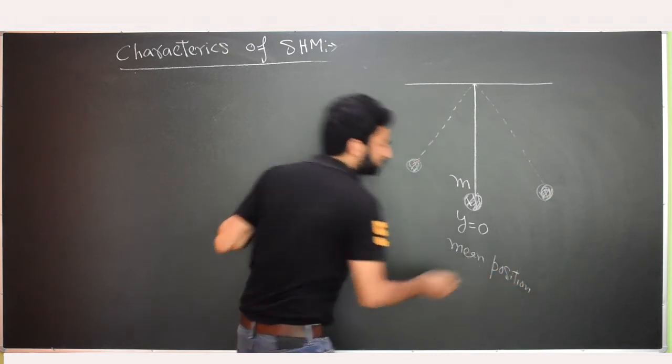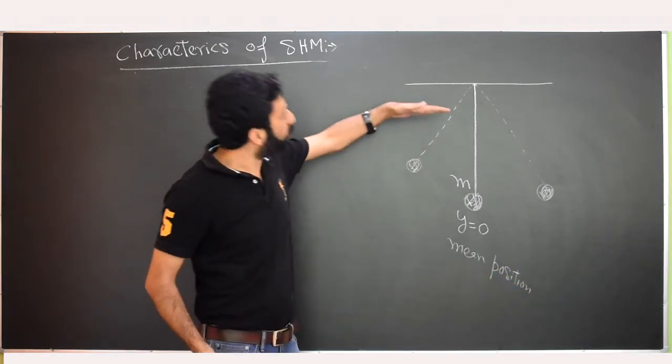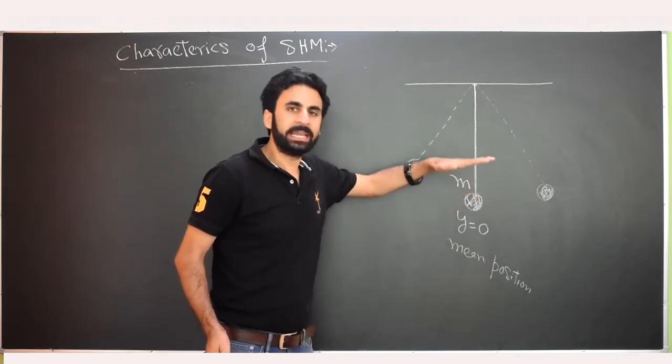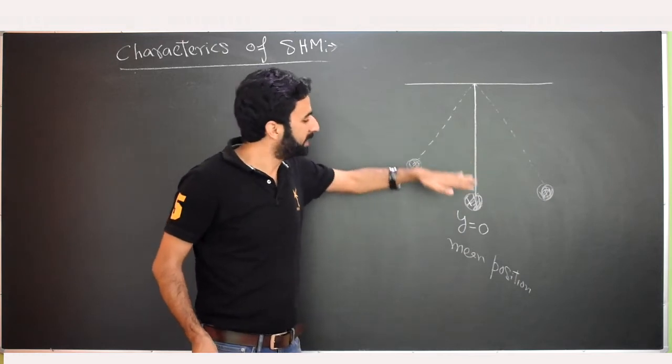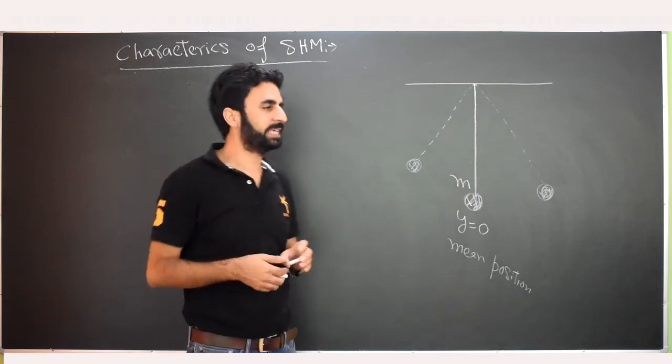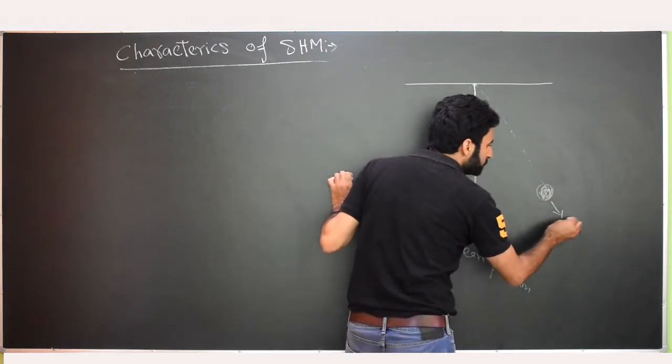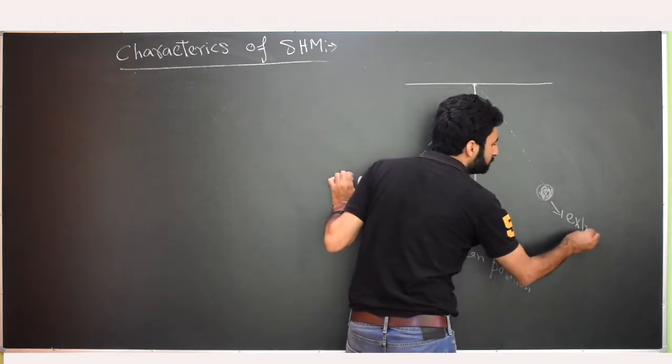Mean position is the original position of a particle where the particle was staying at rest, where there is no restoring force acting on the particle. And this position is known as extremum or extreme position.